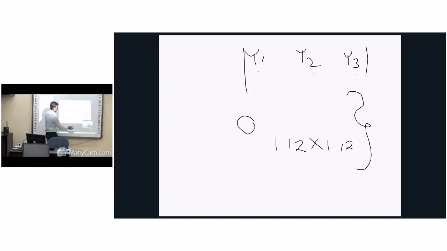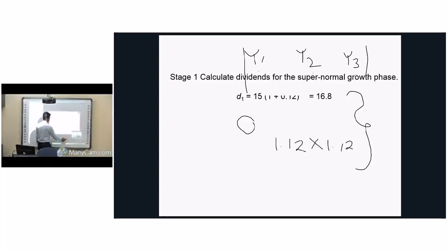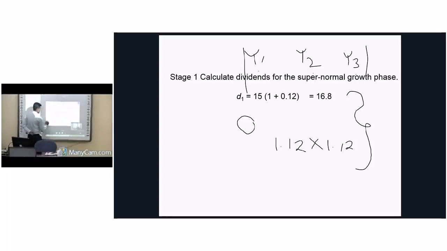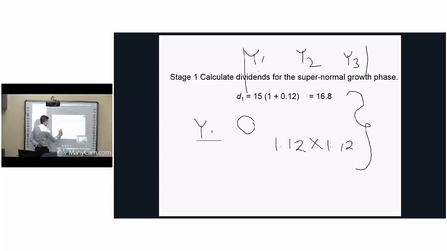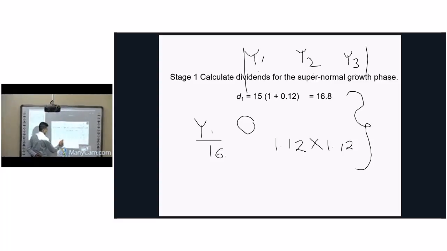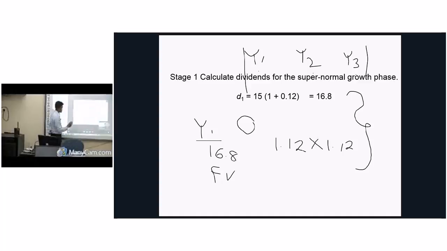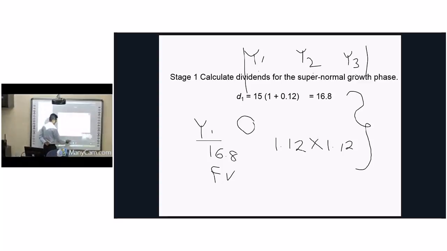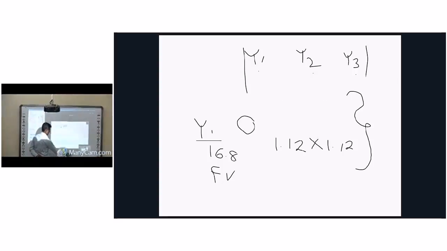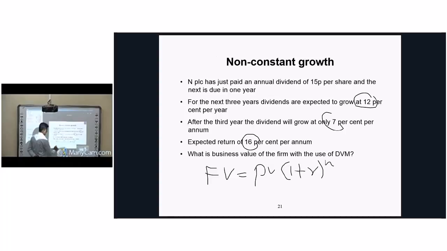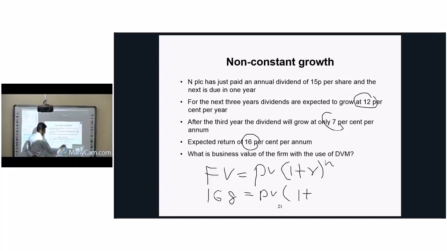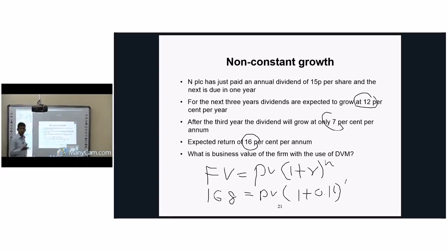Fine. So we have the figures, now we need to convert. If you take an example, 16.8 in year 1, this is the future value. What we want is the present value. So if you apply this equation, future value is 16.8, and what we don't know is the present value. 1 plus r is 1.16, so we put 16%, and the time is 1 because it's 1 year here.